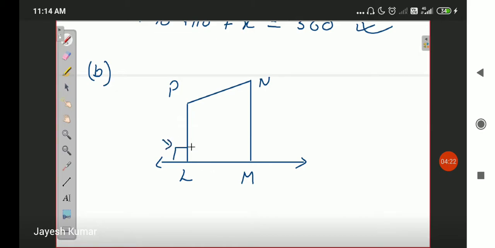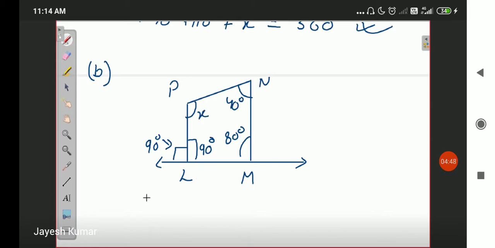This sign means that this angle and this angle are both 90 degrees. Okay, that is the meaning of this sign. This is the indication that angle L on both sides of the line PL is 90 degrees. Secondly, angle N is 40 degrees and angle M is 80 degrees. You have to find the value of angle P, that is X.